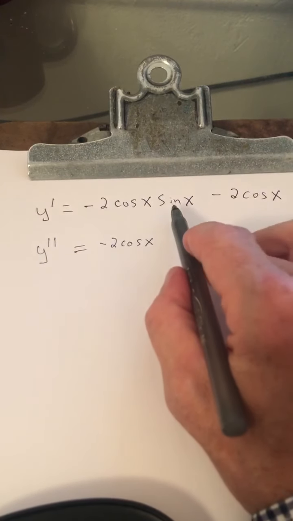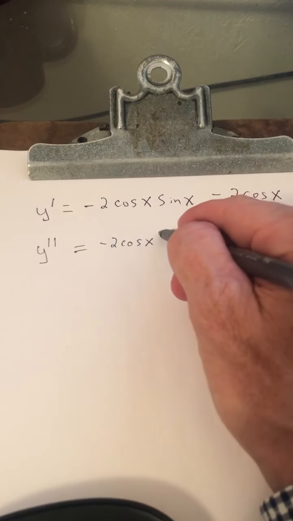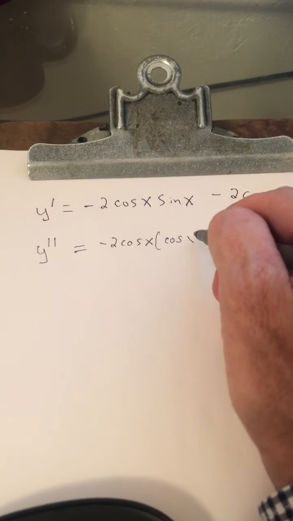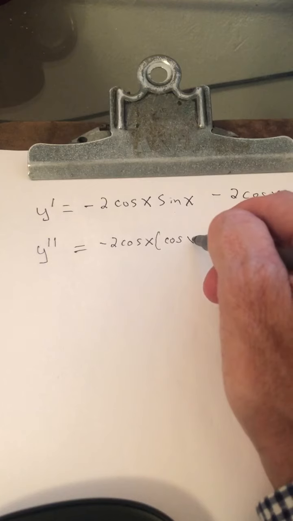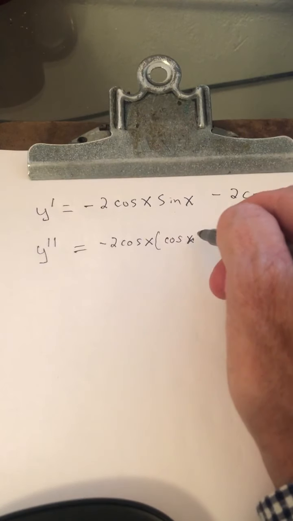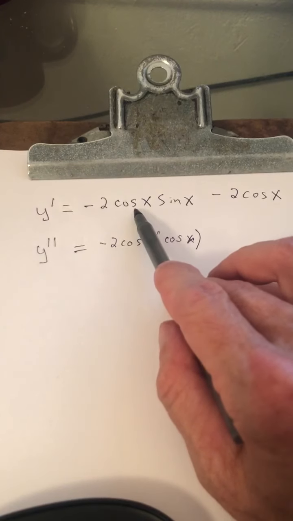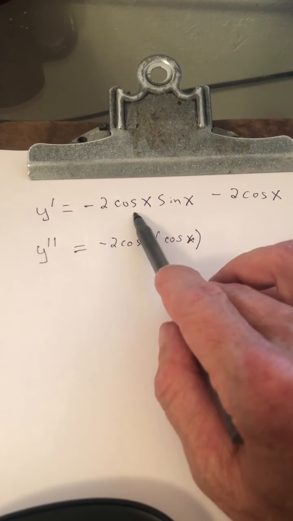So the derivative of sine is cosine. And the derivative of cosine is negative sine.